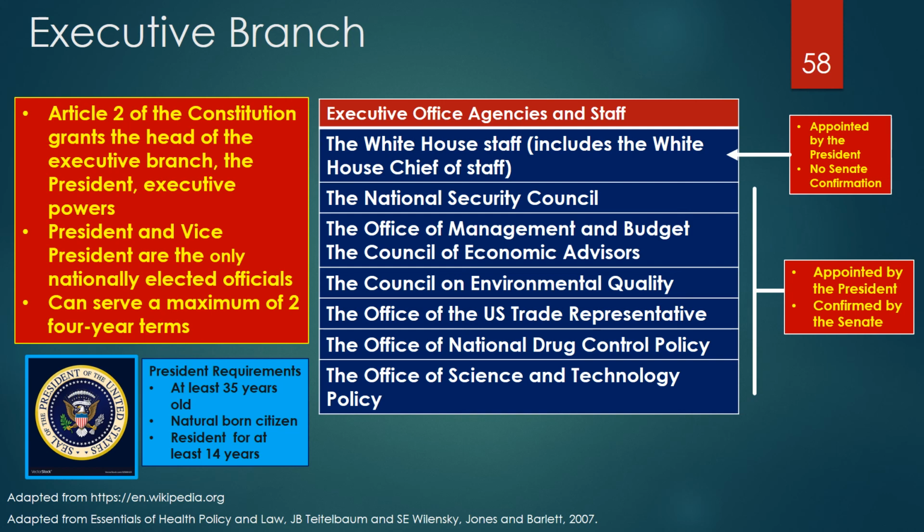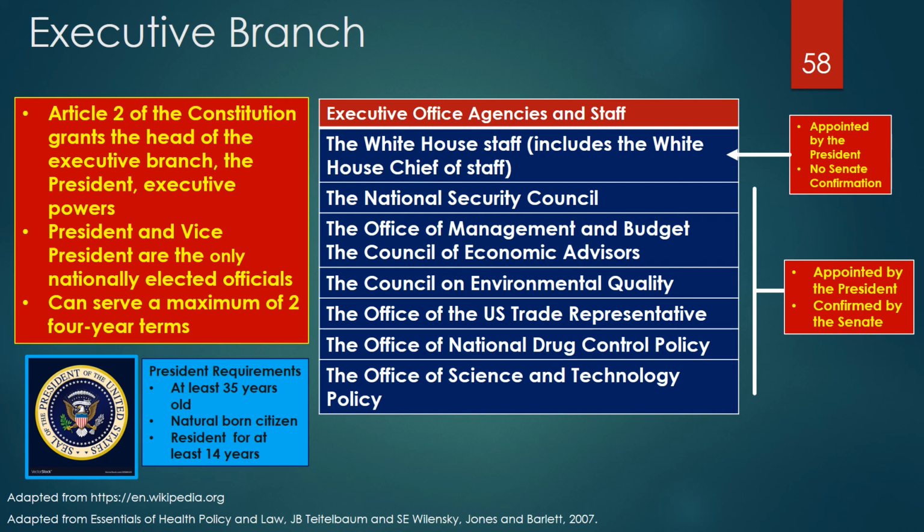To effectively run the executive branch, the President relies on executive office agencies and staff, including the White House staff and the White House Chief of Staff, the National Security Council, the Office of Management and Budget, the Council of Economic Advisors, the Council on Environmental Quality, the Office of the U.S. Trade Representative, the Office of National Drug Control Policy, and the Office of Science and Technology Policy.